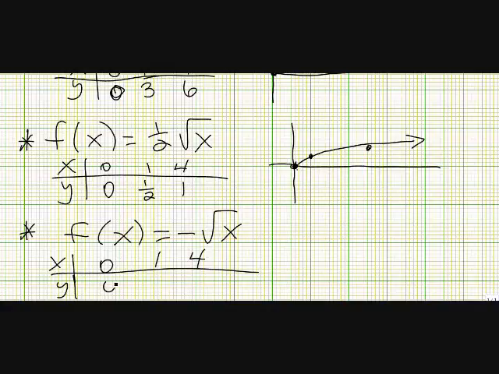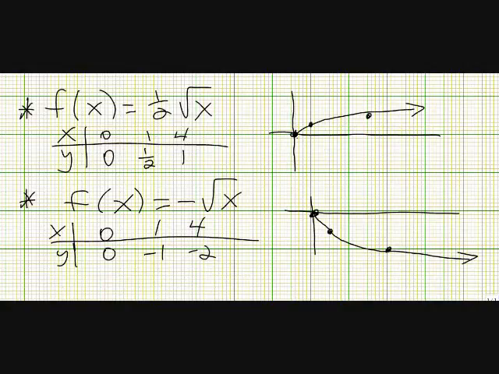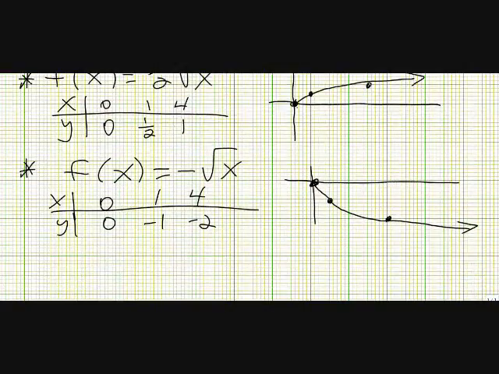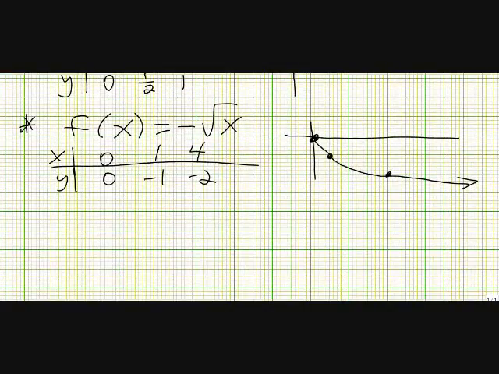My y's are 0, the opposite of the square root of 1 is negative 1, and the opposite of the square root of 4 is negative 2. So when we go to graph, I got 0, 0, 1, negative 1, 4, negative 2. When a is negative, it gives me the bottom part of the parabola. Positive a's give me the top half. Negative a's give me the bottom half.